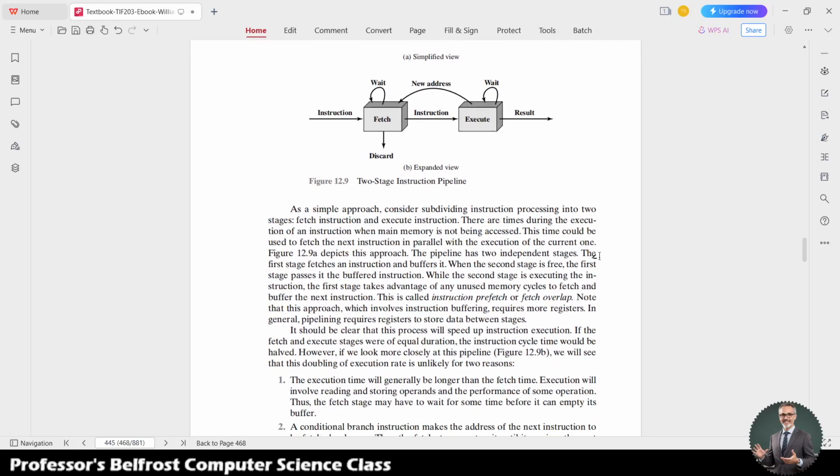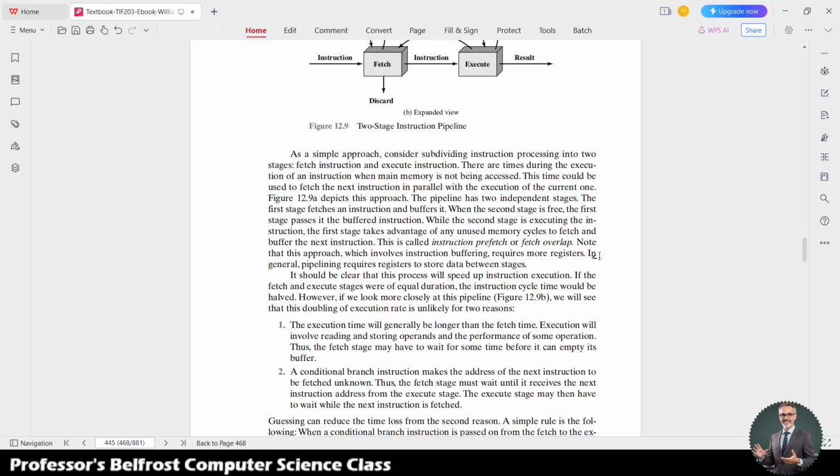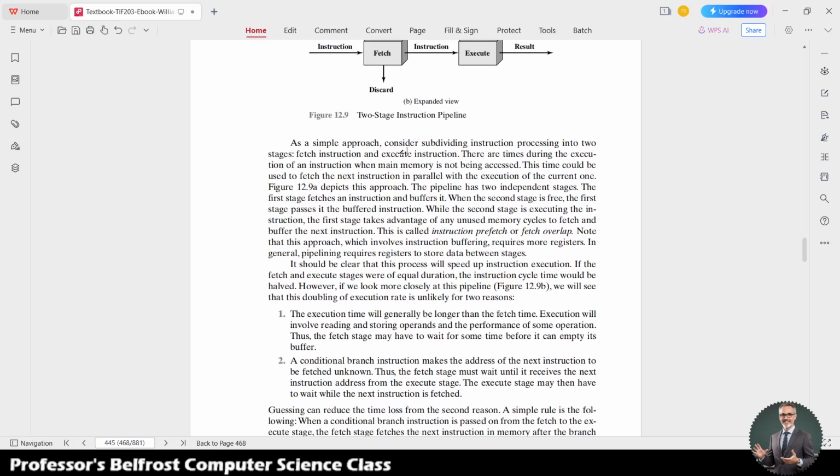Here's the explanation. There are times during the execution of an instruction when memory is not being accessed, and this time could be used to fetch the next instruction in parallel with the execution of the current one. The pipeline has two independent stages. The first stage fetches an instruction and buffers it.